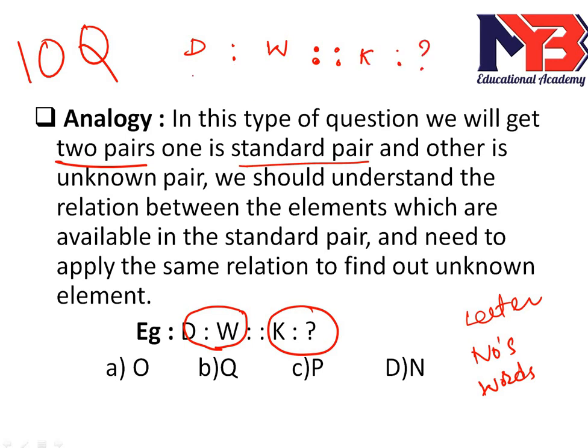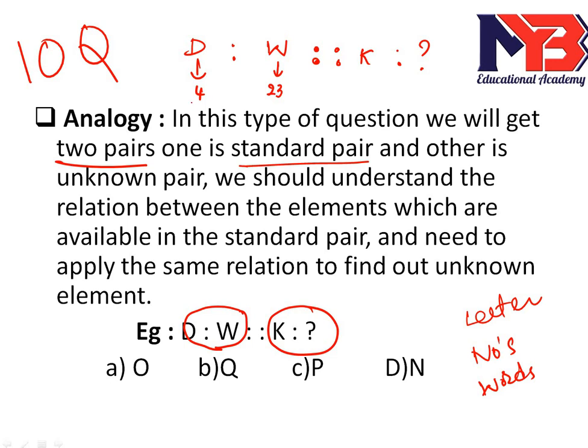I can understand the position of D is 4 and the position of W is 23. So I can easily say that D is the 4th position from the starting and W is the 4th position from the last, because we have 26 alphabets. Z is 26th, Y is 25th, X is 24, and W is 23. That means W is the 4th alphabet from the last.